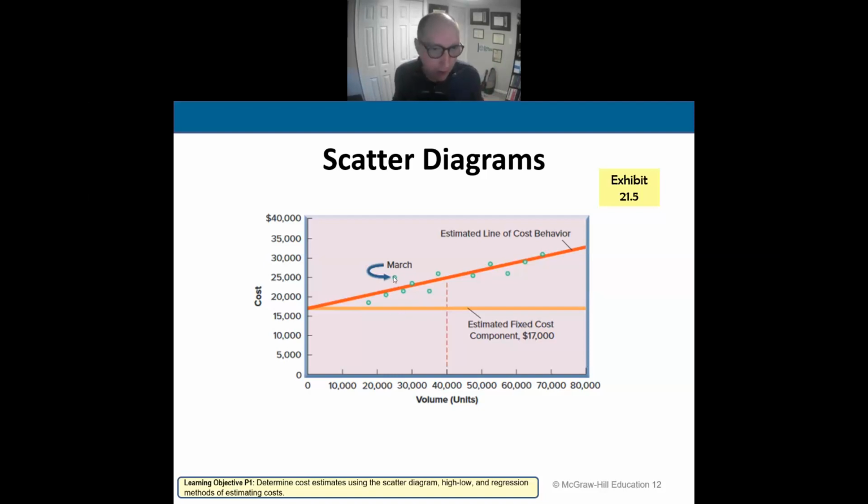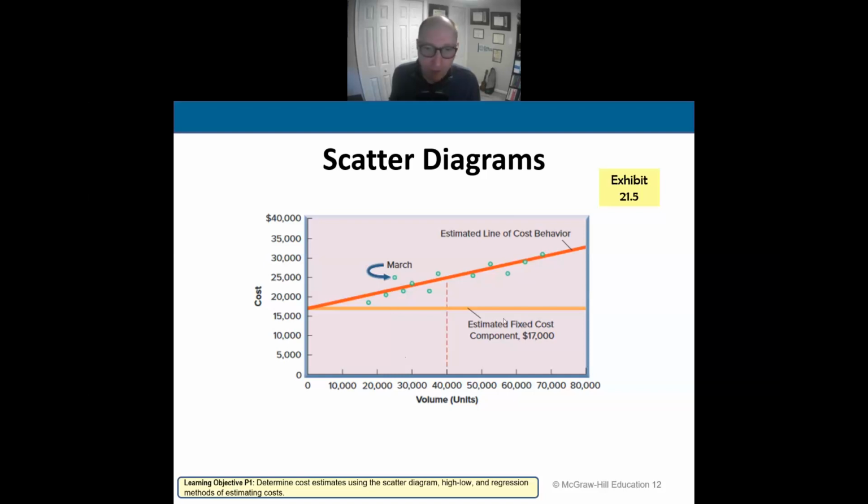We see that in March we had $25,000 in total cost for the month, and it looks like we produced about 25,000 units. So $25,000 in cost, 25,000 units.